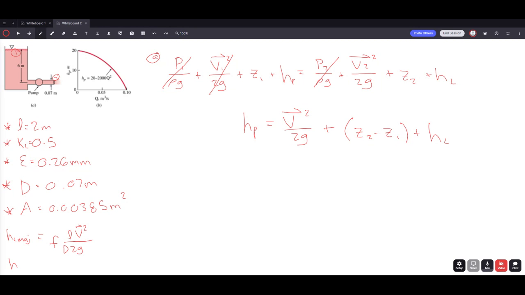Only minor loss we really need to worry about is the entrance of the pipe. And that minor loss is KL times V squared over 2g.